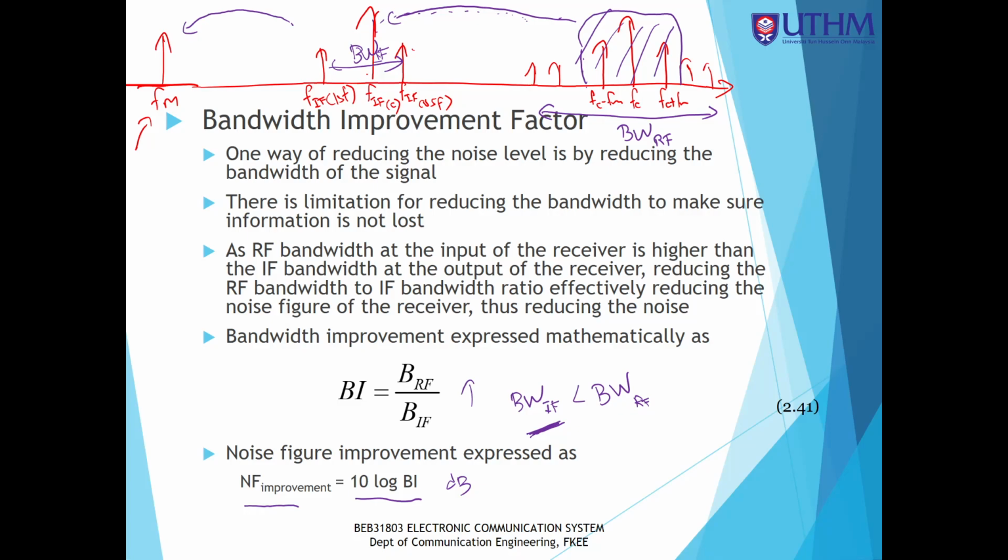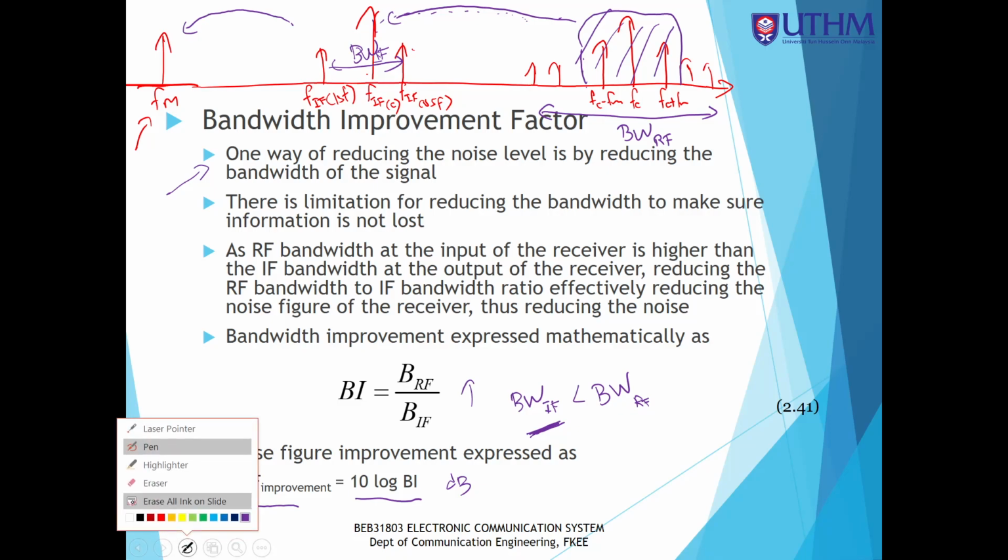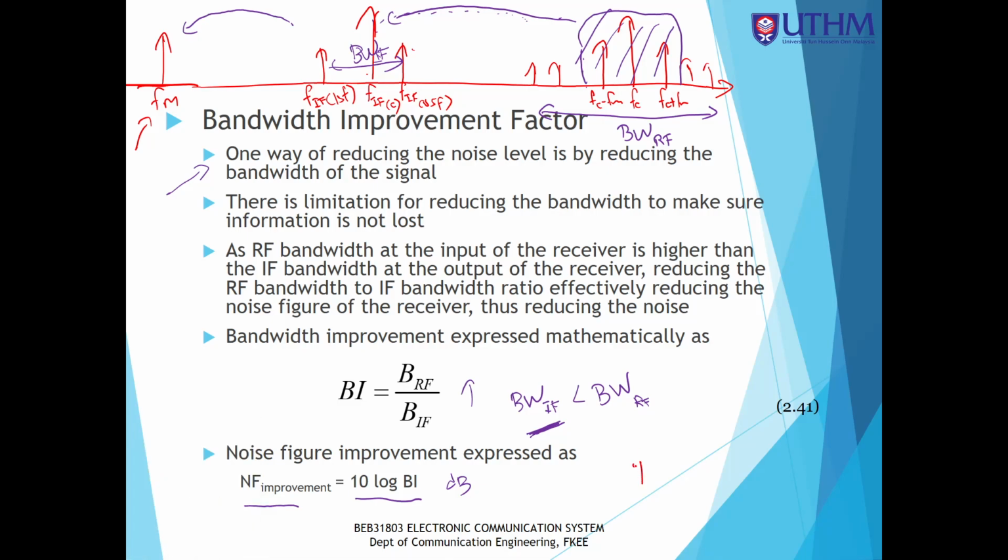Ideally we want the bandwidth improvement to be as high as possible. Why? It is stated here: reducing the bandwidth will reduce the noise power. Remember the noise power? Noise power is equal to KTB.